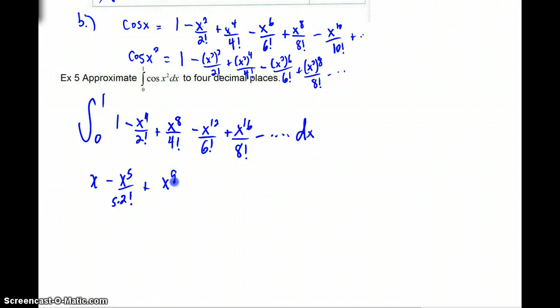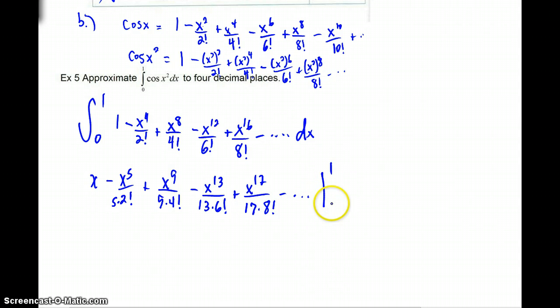Here we'll have x to the 9th divided by 9 times 4 factorial. This would become x to the 13th over 13 times 6 factorial plus x to the 17th all over 17 times 8 factorial. And of course this continues on forever, but we're going to evaluate this between 1 and 0.